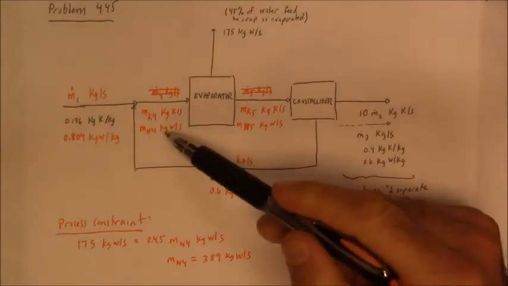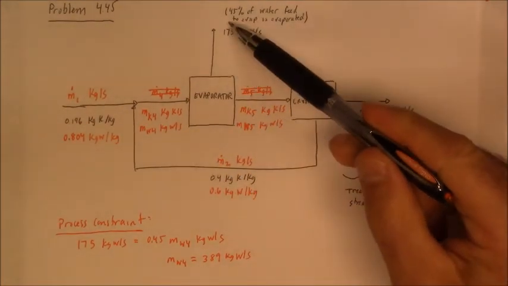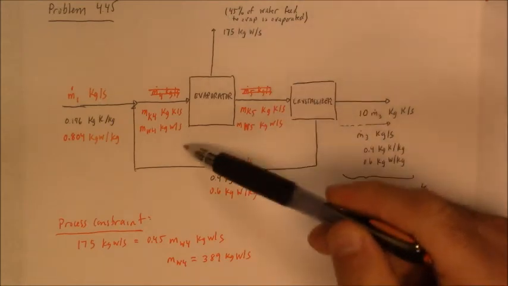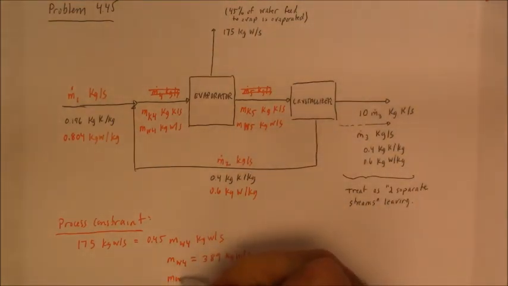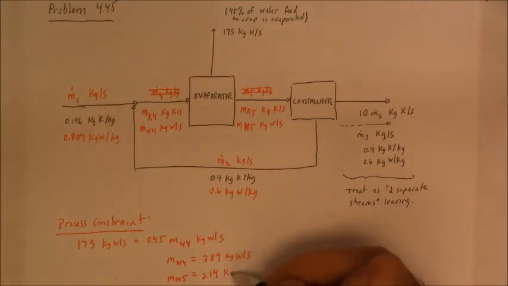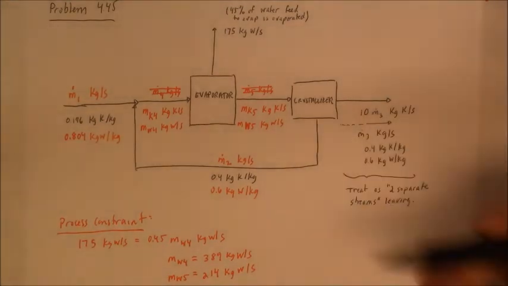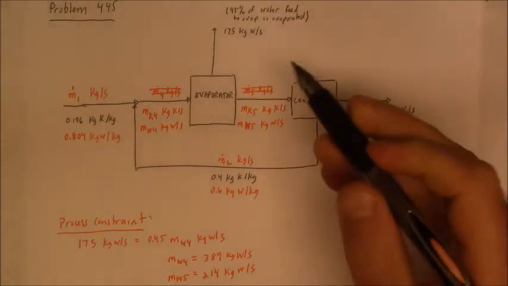Now, since I know the water coming in and I know the water coming out from the evaporator, I can also determine MW5. MW5 therefore equals 214 kg water per second. Okay, I got this information all from the process constraint.